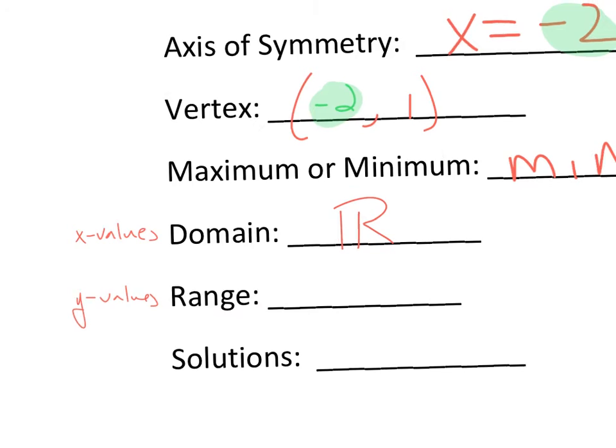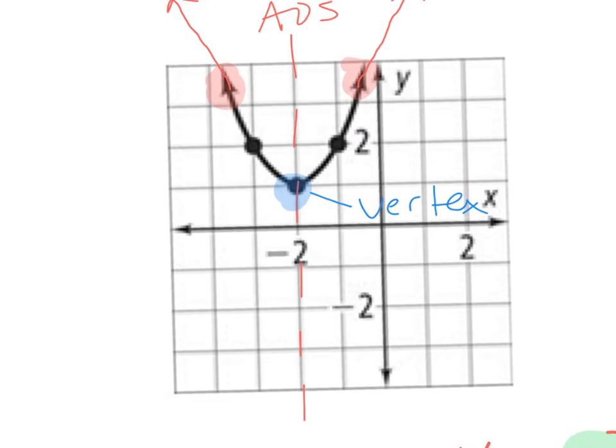Now, unfortunately, your y is not quite as easy here. So when I'm looking at my y values, I have a clear cutoff. I don't have any part of a graph down here. So there is a clear cutoff when we look at your range, which is your y values. I cut right here. Everything I'm graphing is from there up. So what is this number? Well, this number is 1. What axis is it crossing? It's crossing the y.